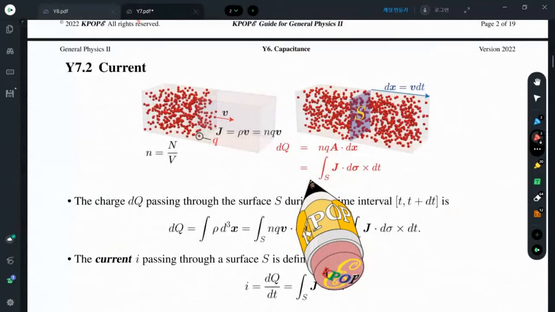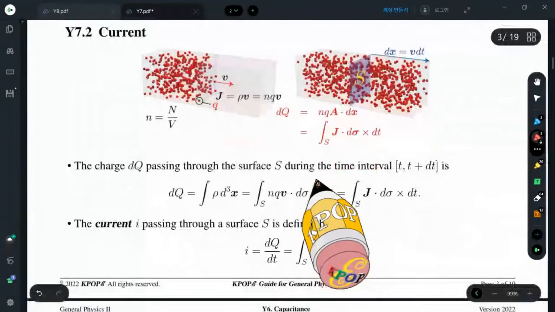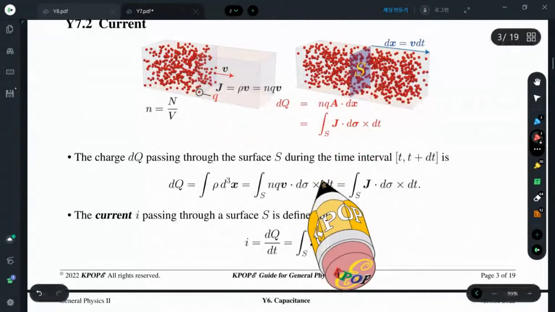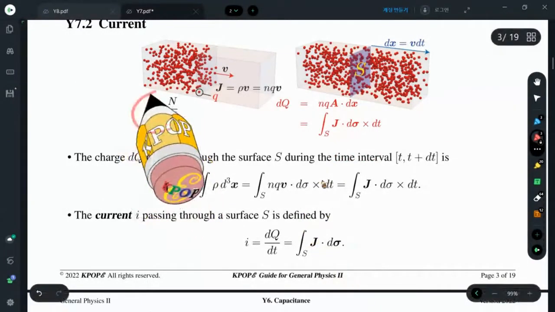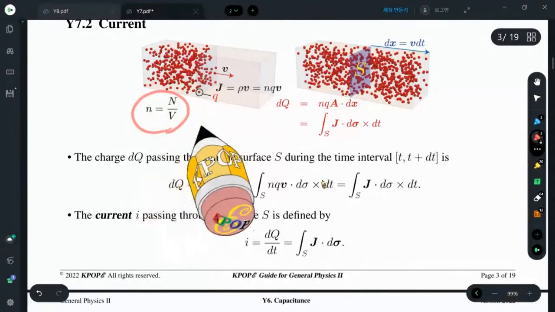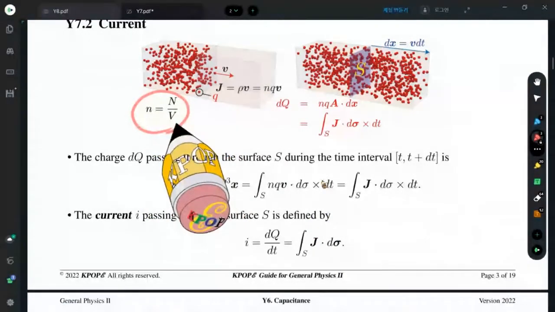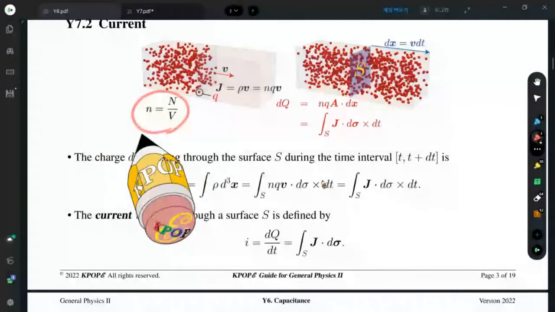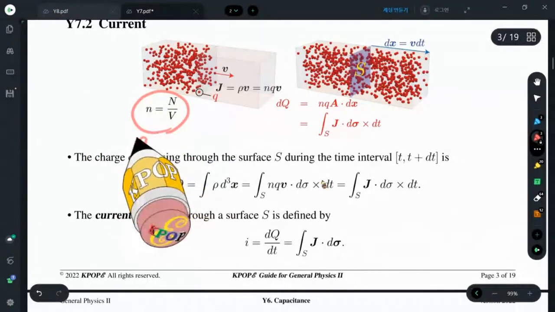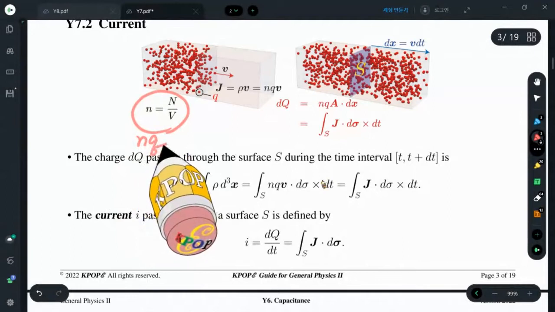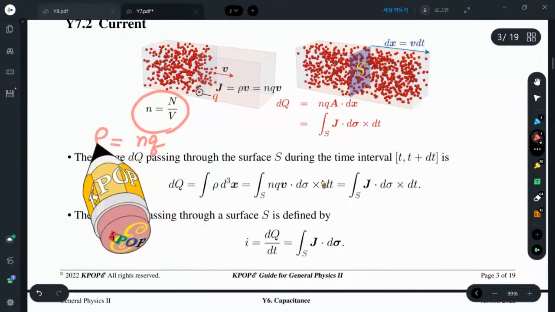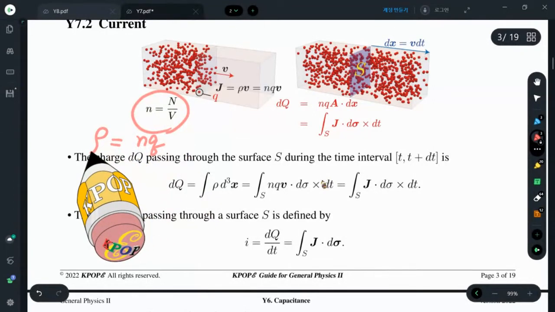So let's derive the current from the information of the current density and the area vector. We recall the number density, that is, the number of charged particles inside the volume. And we multiply N by q, then it becomes rho, the charge density.